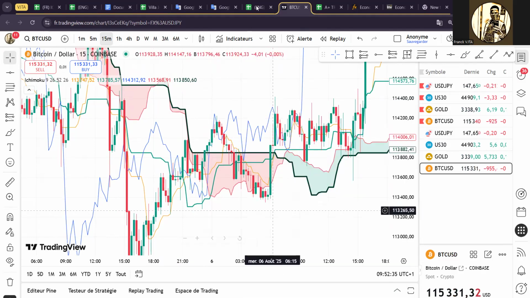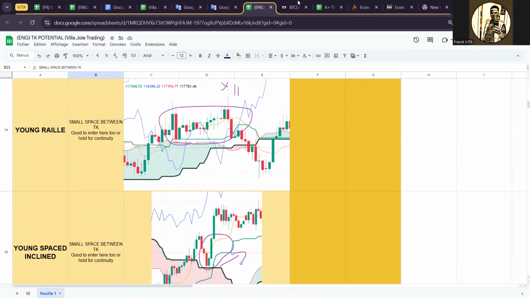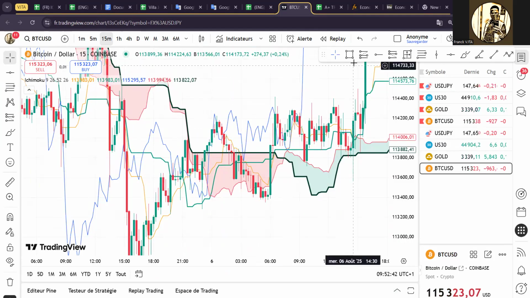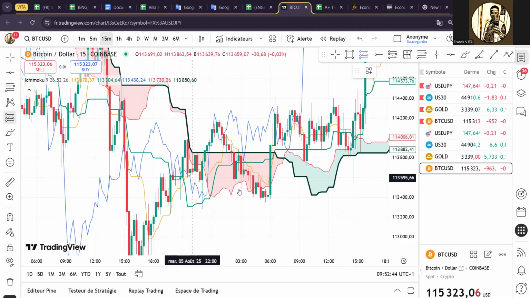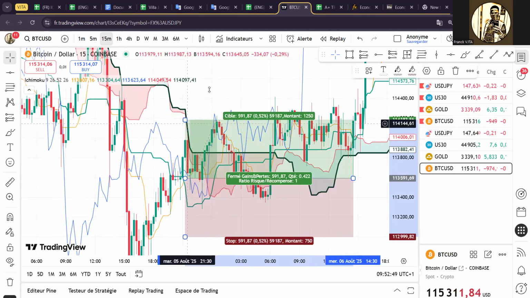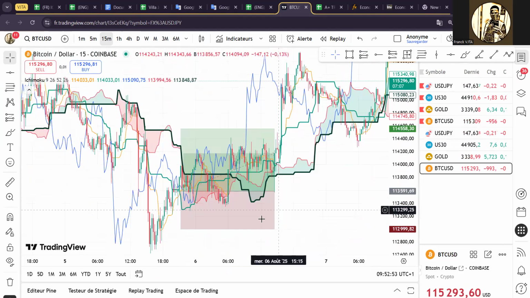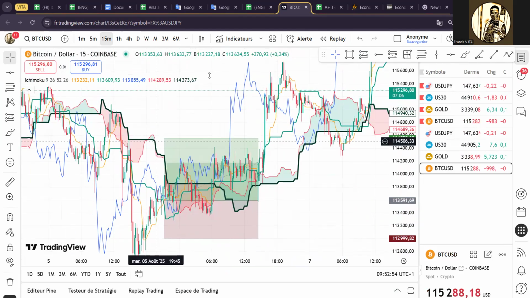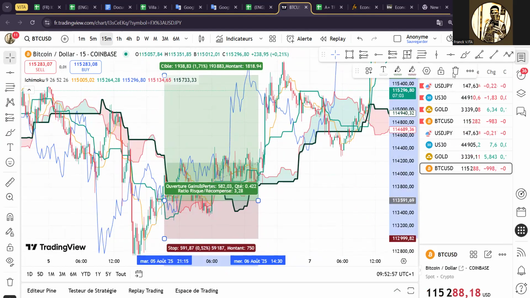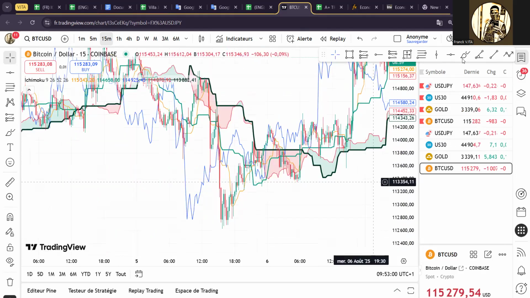So then you have yon rail, a good entry, or if you are already in the trade from far behind here, you keep holding because your trade is not threatened by anything. Or if you are not in, or you want to re-enter, you can still enter just at Kijun here.